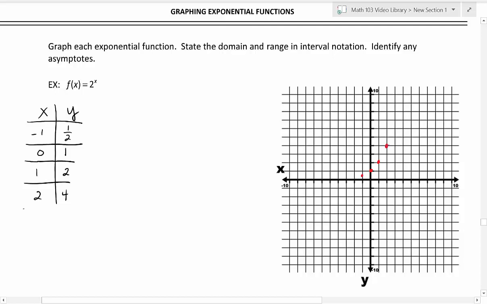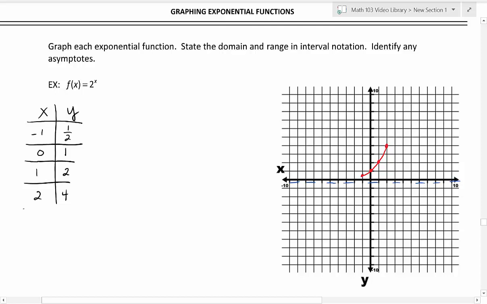All of our exponential functions have a horizontal asymptote on the y-axis. We'll draw that in. We know that these 4 points are going to connect, and we also know that one of the ends of our graph has to tend towards that horizontal asymptote.